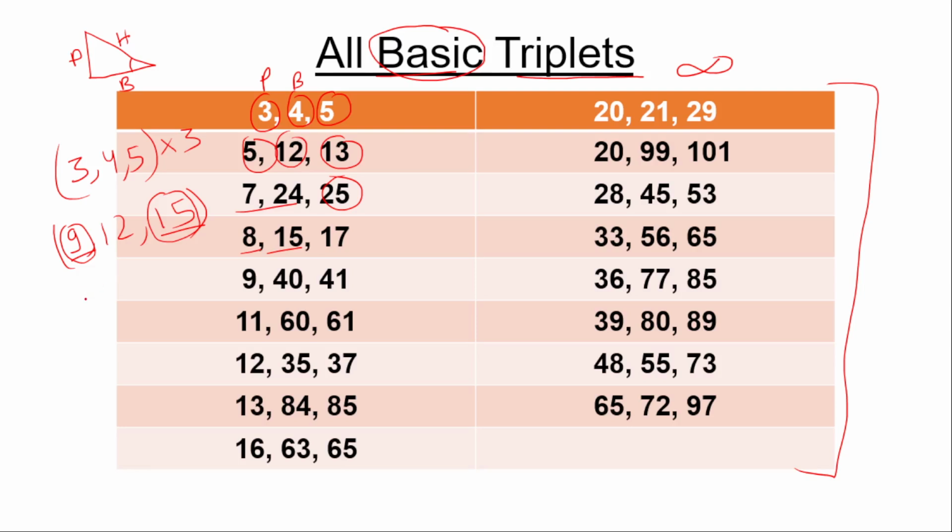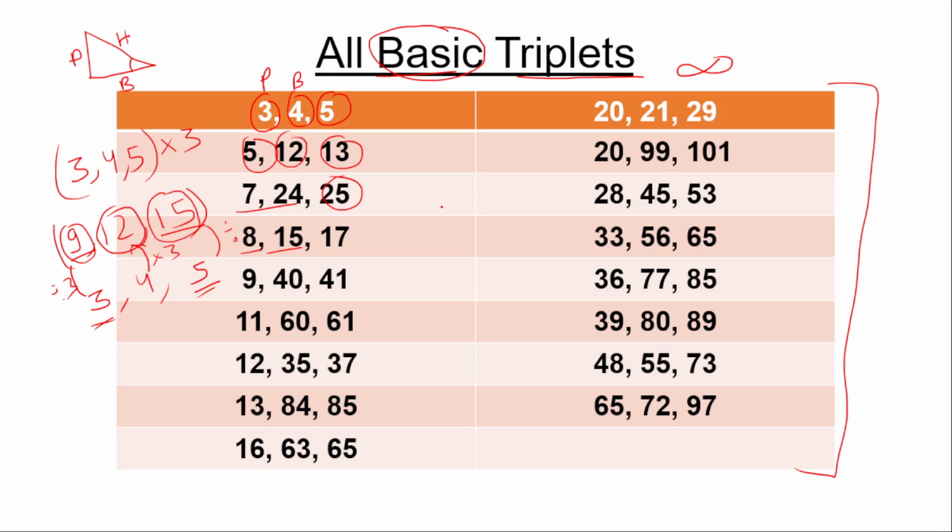So when we divide by 3, it becomes 3 and 5. Now you know the triplet 3, 4, 5. Because you have divided both numbers by 3 to get 3 and 5, you will multiply 4 by 3 to get the third side of the triangle.